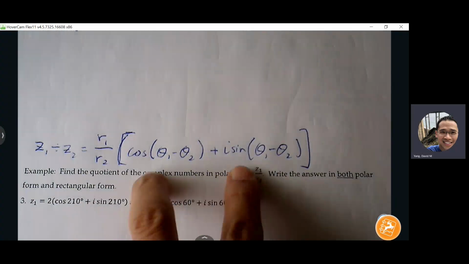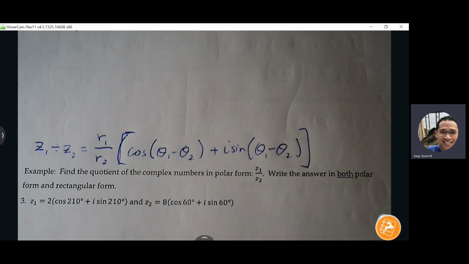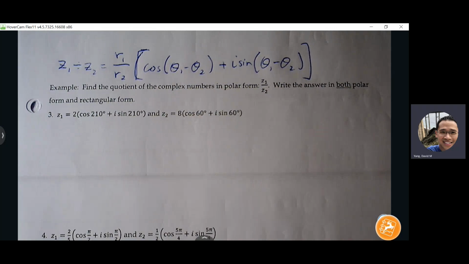And notice we're still adding the cosine and sine. We're just changing what's inside the parentheses. Okay, so let's try examples 3 and 4.